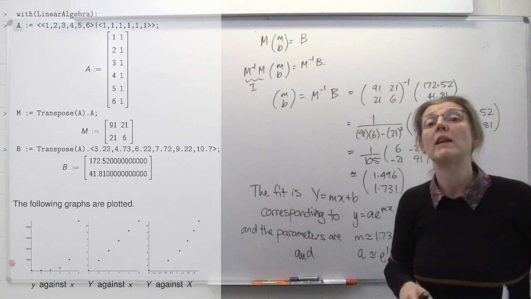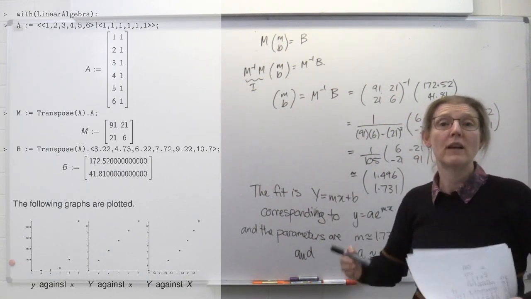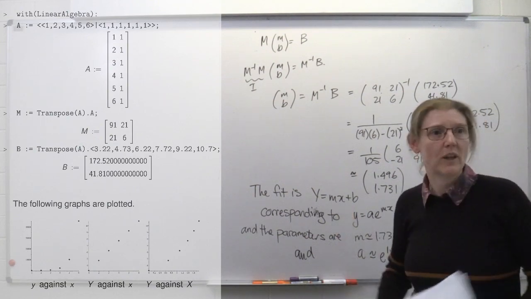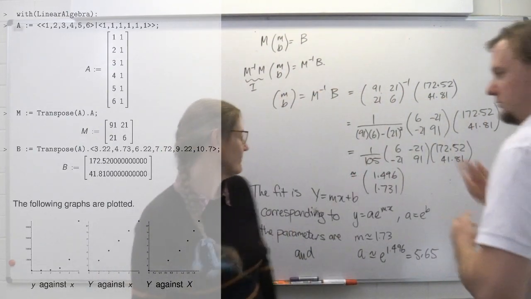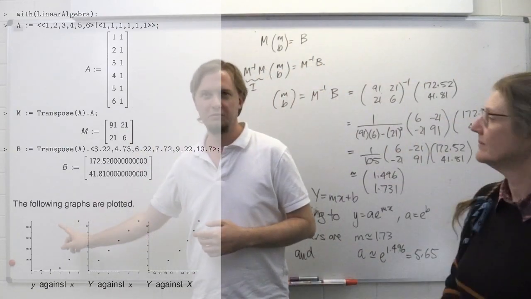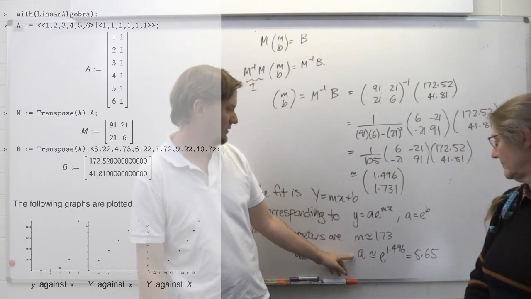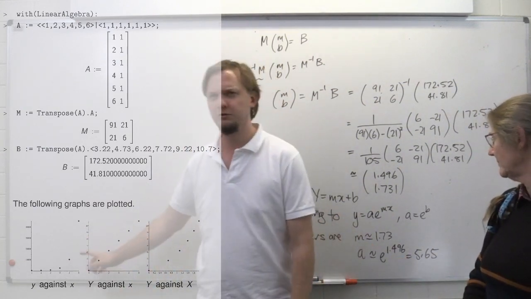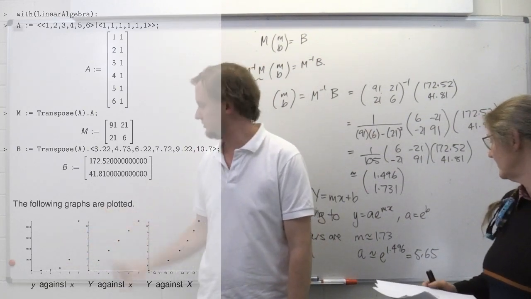Remember, they're not going to be identical because this is a best fit and not all of these points are actually going through the curve. Yes, so looking at the plot, which I just brought back up, because the parameters we found, this a and this m, they're for the exponential. I don't think the first number can really be spotted because it's down at 5, but you see it gets very large.